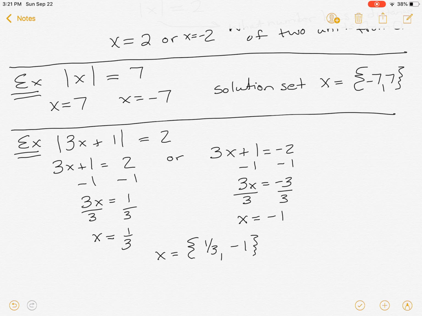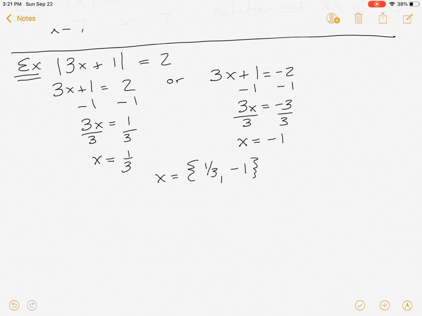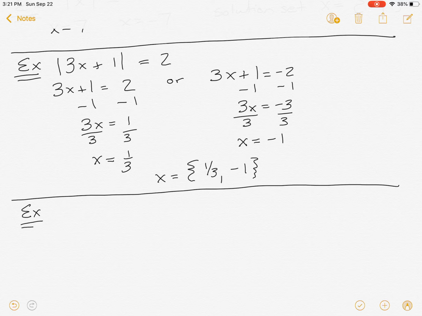The reason I want to do another example is I want to show you that what is inside the absolute value comes out. What if I had the absolute value of 2x minus 3 is equal to 8?